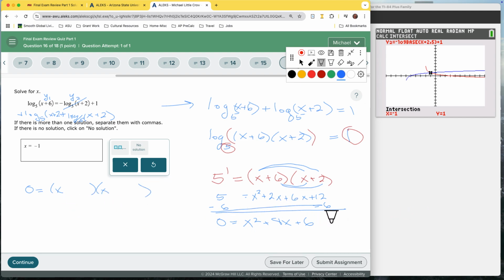6 can be 2 times 3, but then when you add 2 plus 3, you get, wait a minute, did I do something wrong here? 6 plus, that's 12. 2 plus 3, well, this doesn't factor very nicely, but it should get a factor of -1, or +1, and 6.